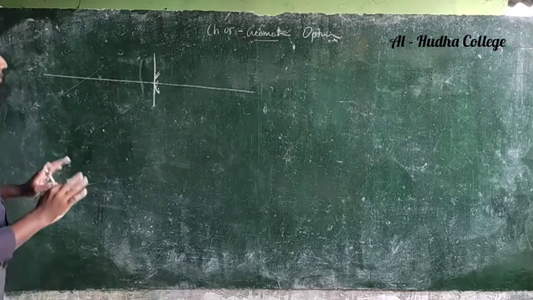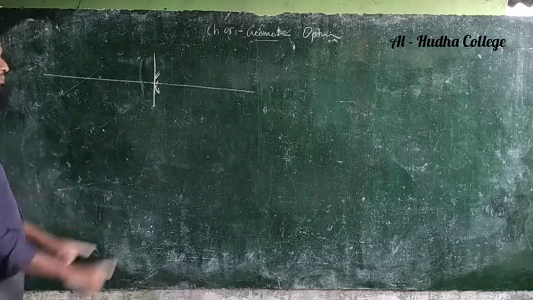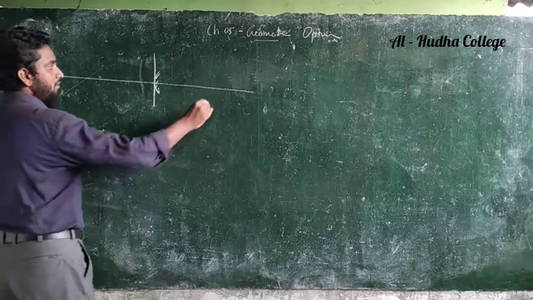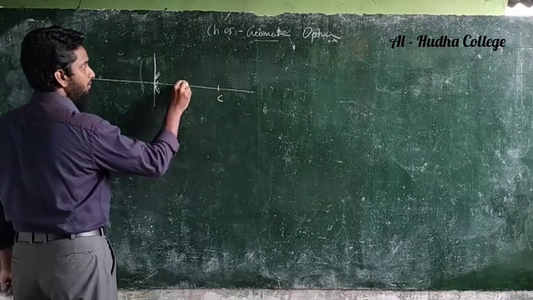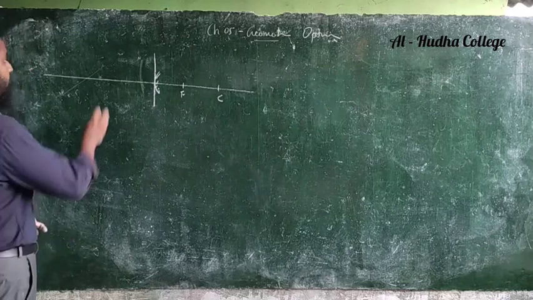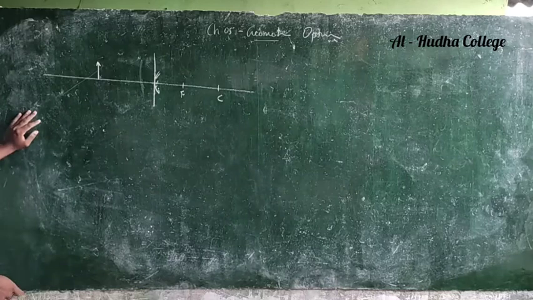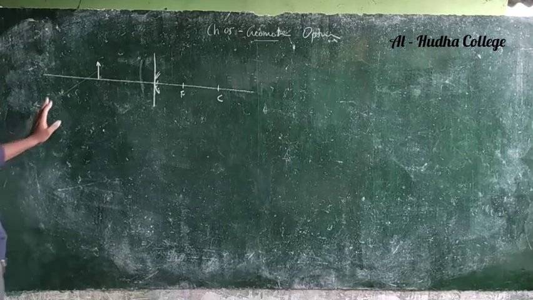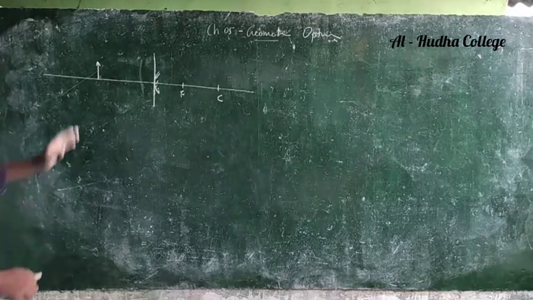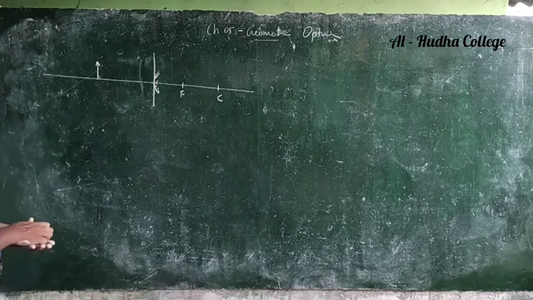This is always going to show only a single type of image formation. No focus here, no center of curvature here, so no different places to keep the object. Only one place, all the places are going to be similar.